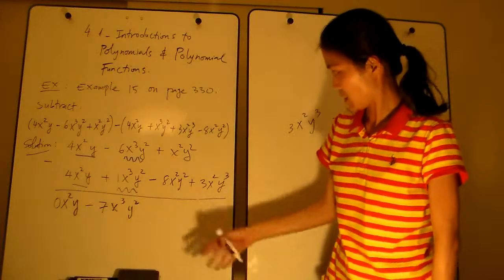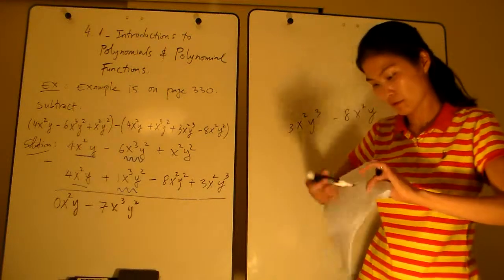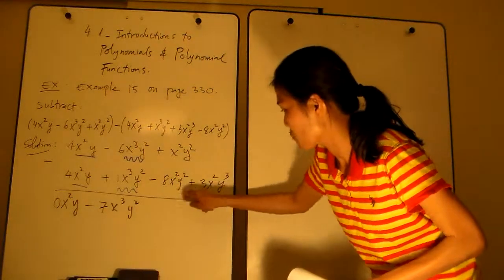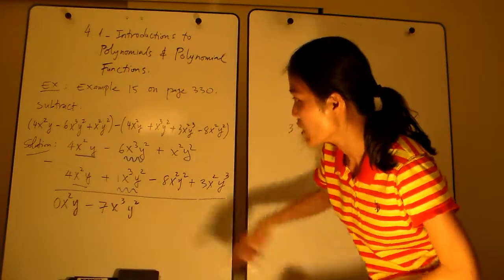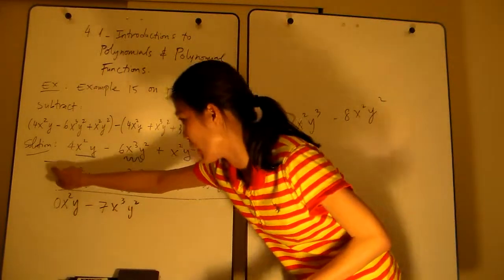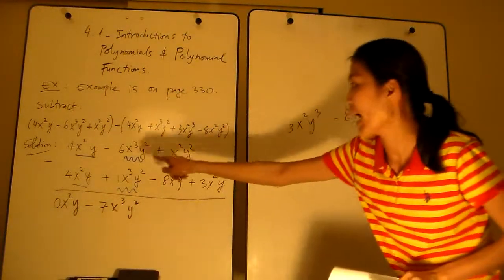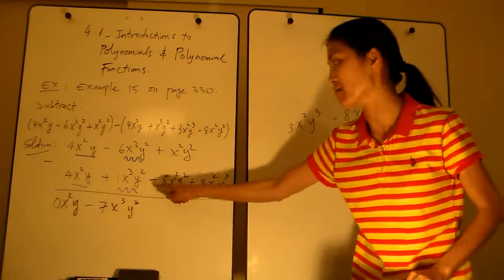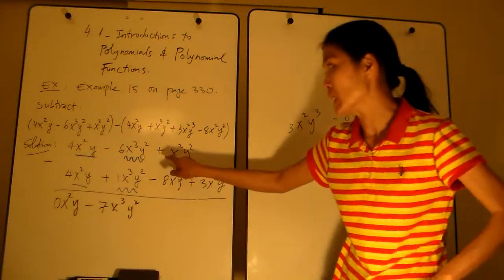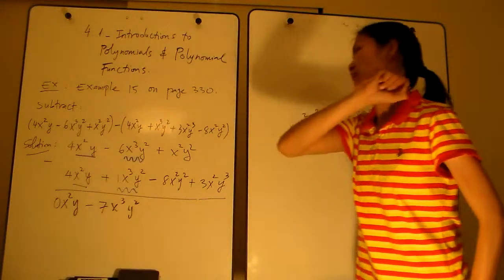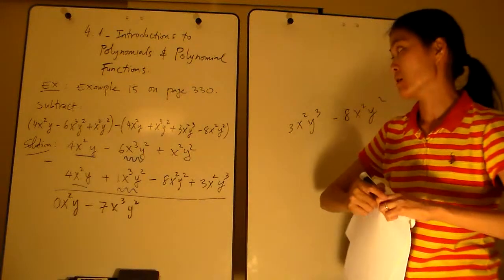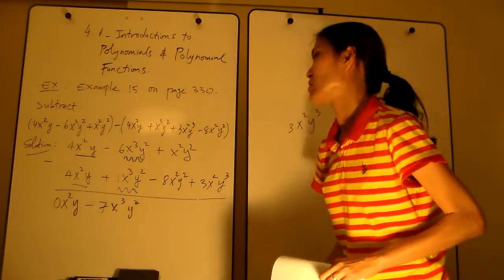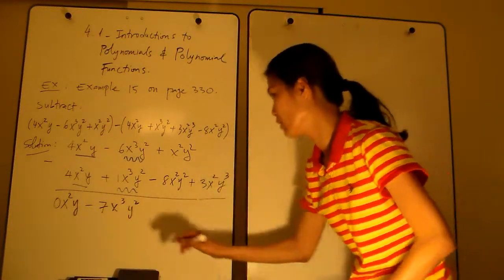You see they are aligned, same terms with the same variables and exponents. So x squared y squared, right? This is 1, coefficient 1. 1, subtract a negative value. Another way of seeing this is that negative times negative is plus. So that means you take this, subtract a negative value, meaning you add this. So 1 plus 8, which is 9x squared y squared.